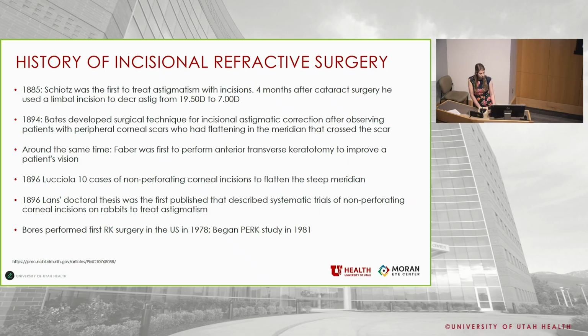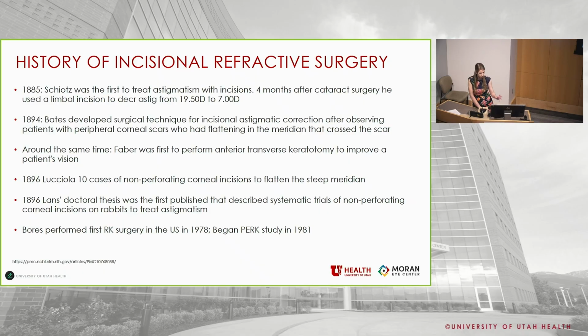So that was the inspiration. Then Bates from America in 1894 developed a surgical technique for incisional astigmatic correction after observing patients with peripheral corneal scars, who had flattening of the meridian that crossed the scar. Around the turn of the century, 1800s to 1900s, Faber from Denmark was the first to perform anterior transverse keratotomy to improve a patient's vision.